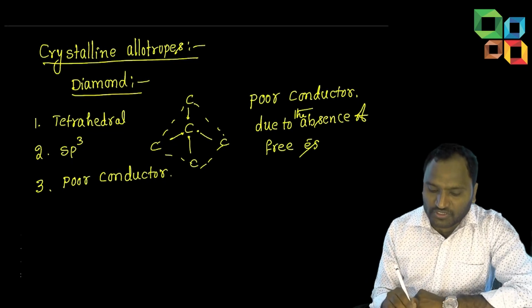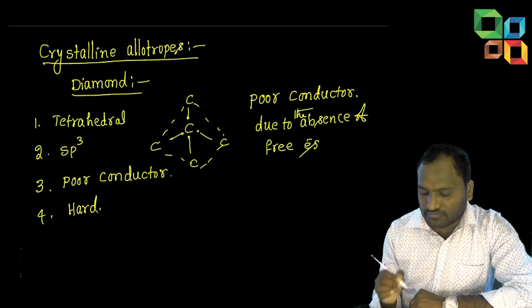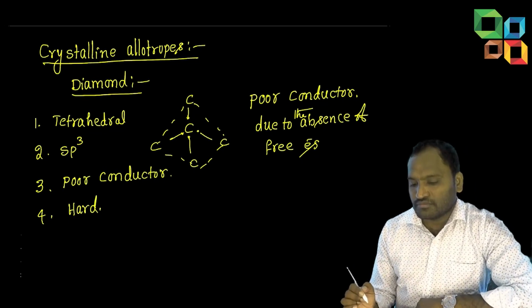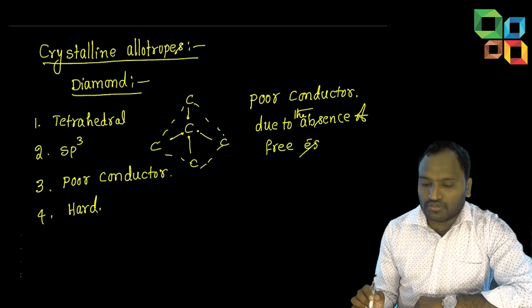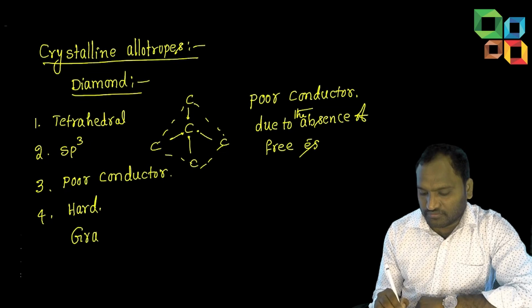Because of this network structure, it is very hard. Okay, this is about diamond. Next one is graphite.